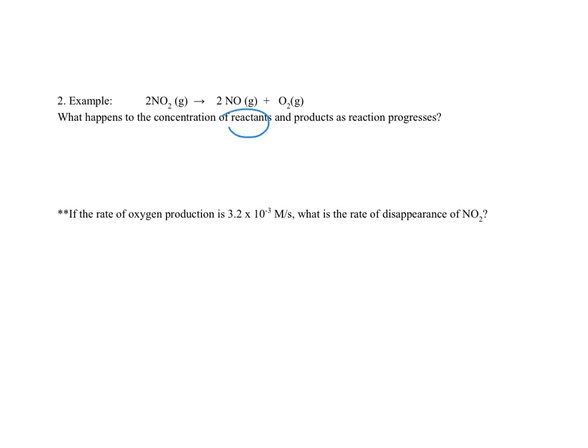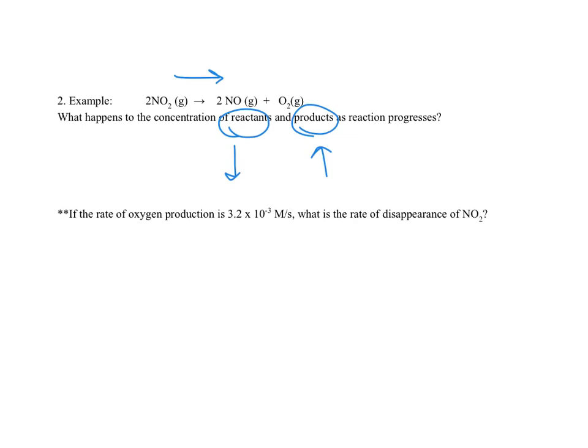The reactants are going to decrease in concentration. The products are going to increase in concentration as the reaction progresses, and it's going to keep going. The reactants will continue to decrease until eventually it reaches 0, and the products will increase at that exact same rate as well.